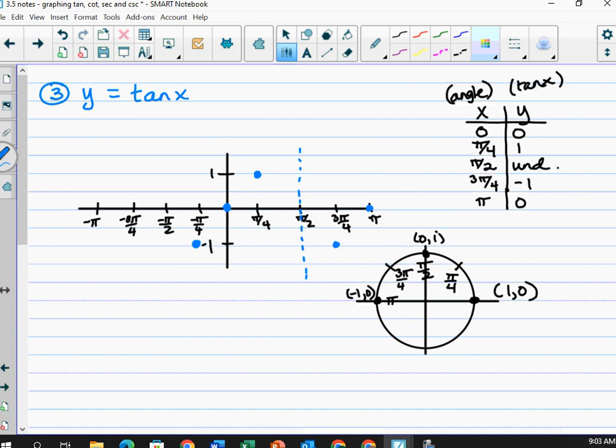So what do you think happens at -pi over 2? That's an asymptote, yep. What about -3 pi over 4? 1. And -pi? 0. Okay, so the shape of it, guys, it looks a lot like your cubic function. And we get half of it on the end here.